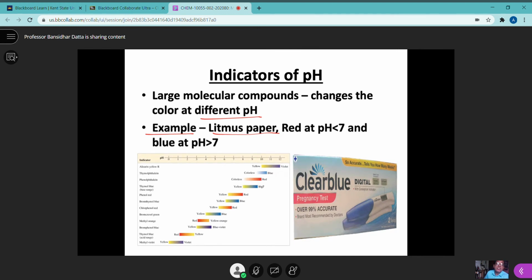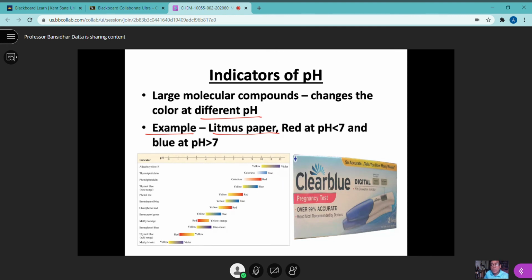Based on this color change, you can tell the pH. These compounds are usually put in a piece of paper, and you take the piece of paper, dip it into the solution, and then you can see the pH. An excellent application is a pregnancy test for women. As you probably know, Clear Blue, I'm not giving any commercial to anybody, is a company that makes a strip, and that strip has all those things inside.